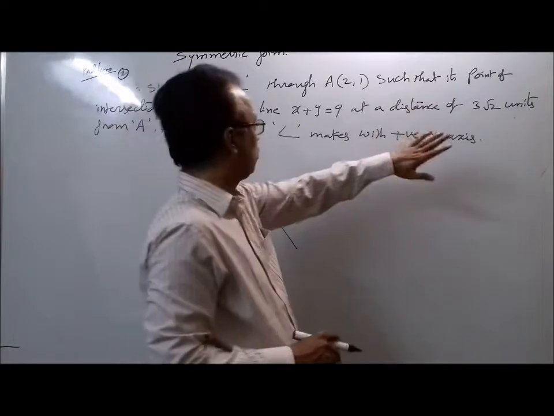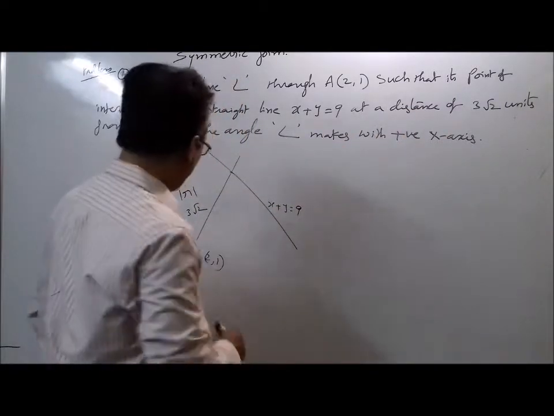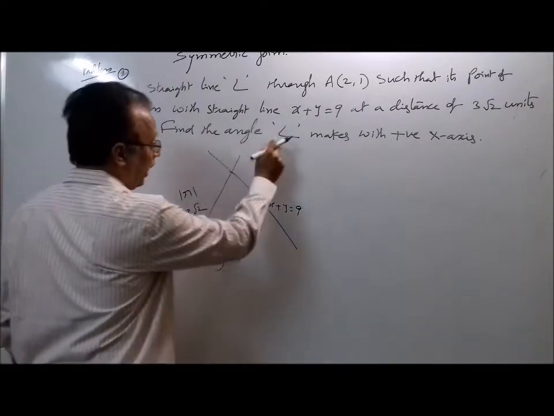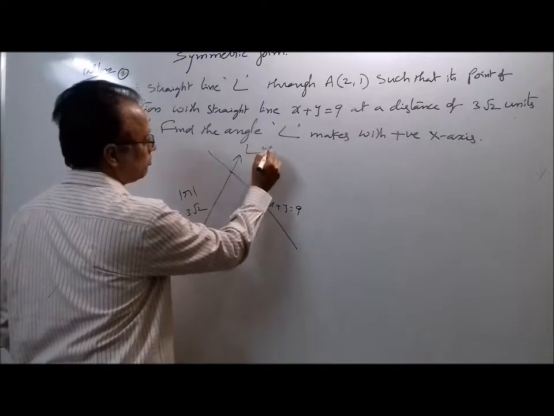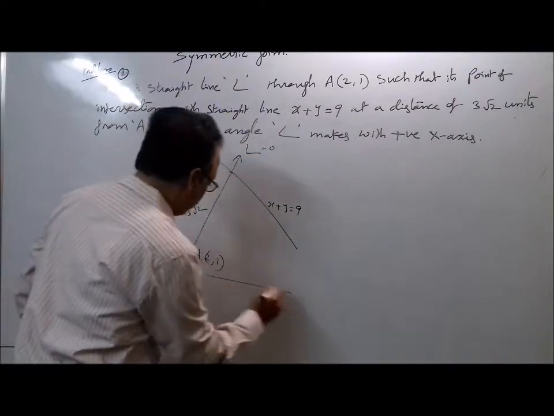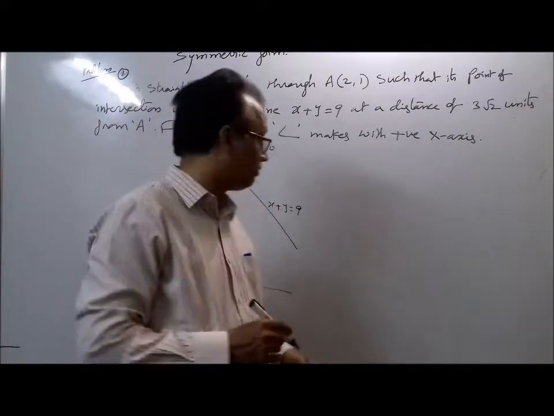L intersects x plus y equal to 9 at a distance of 3 root 2. So find the angle that L makes with the positive x-axis. This line is making theta, and that we should find.